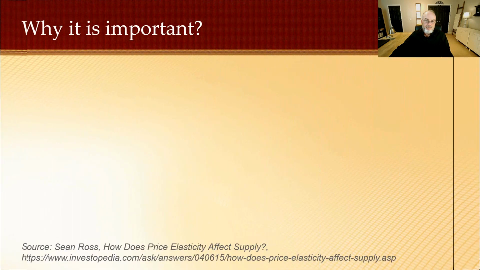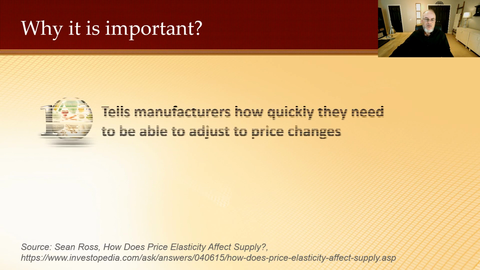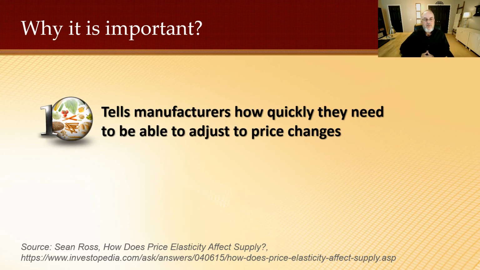So why is this important? Let me give you a couple of things here. Number one, it tells manufacturers how quickly they need to be able to adjust to price changes.